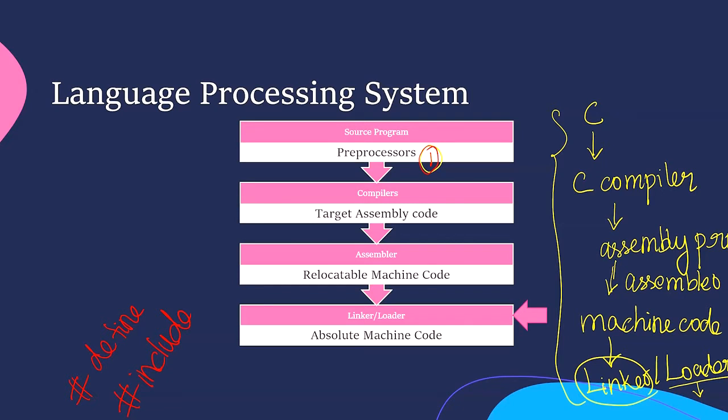If we are defining something, we will use some macros, like hash define pi as 3 point something. So usually in a high level language program, we include all this. We will have hash define statements and hash include statements.